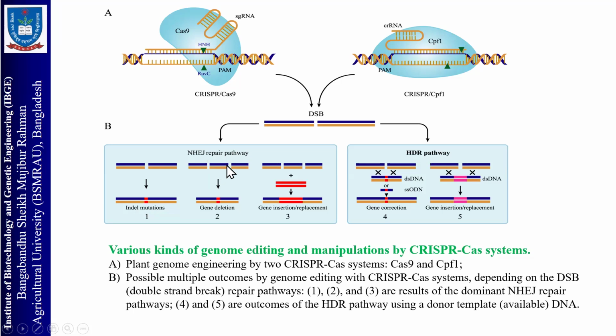And here you can see two guide RNAs were designed and cut in two places, and the whole gene between the two cuts is out, and then it is repaired, and gene deletion occurred. And here a template is put and cut in two places, and in the gap you put the correct gene sequence.